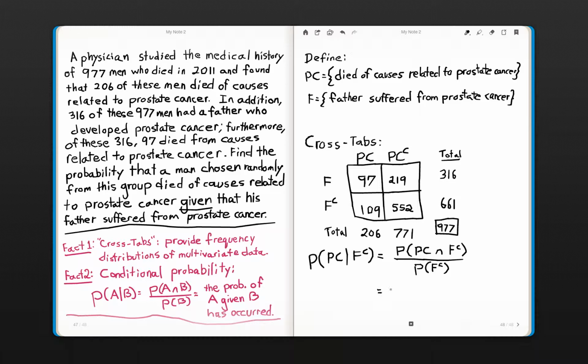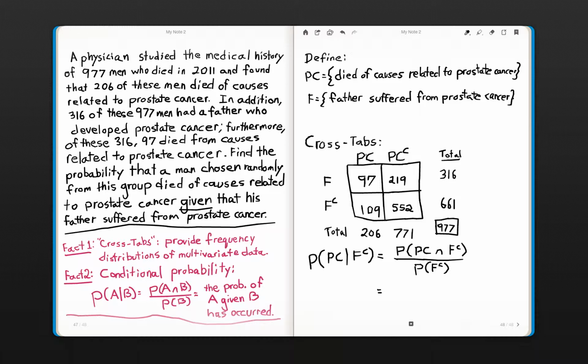Okay, and this is equal to, so let's just work the top piece first. This is the unconditional probability that a randomly selected man died of causes related to prostate cancer and his father did not suffer from prostate cancer, and that would be this cell here.